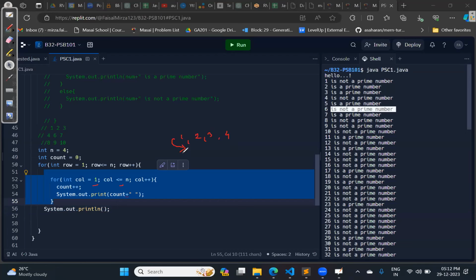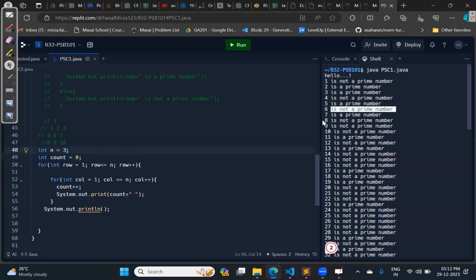Why is n 4? You can take any n, no worry. It totally depends on you. You can take 3, 4, 5, anything. Okay, I'm taking 3. You guys are comfortable with 3, so I'm taking 3.